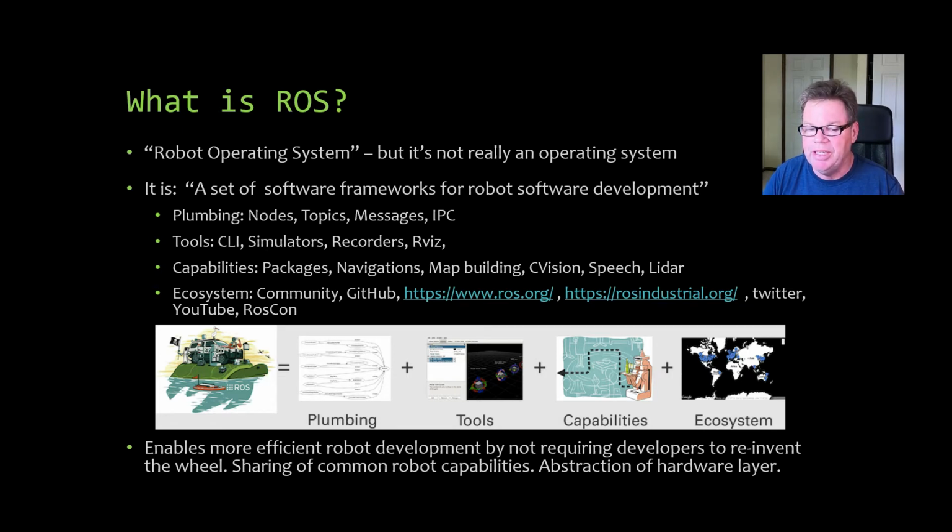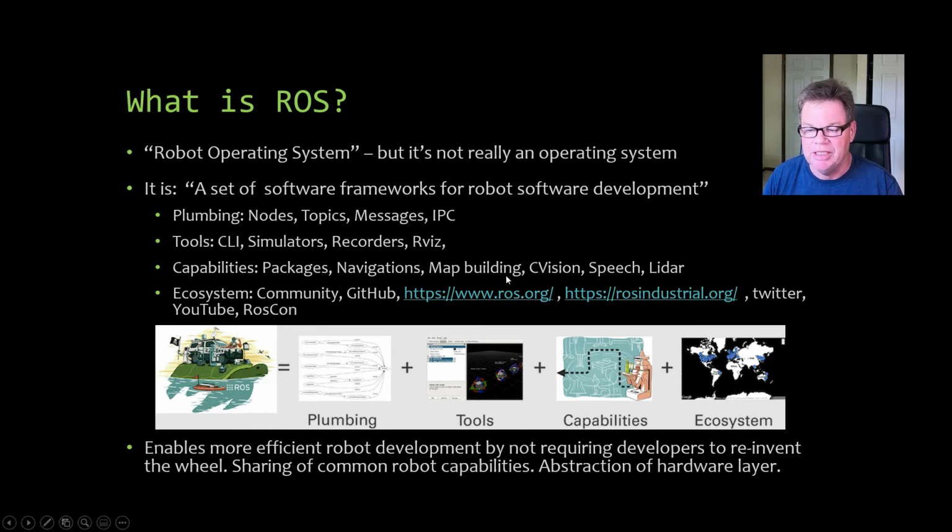There are map building packages. A lot of times to do navigation, you need to have a map of the environment so the robot can plan where it's going to go and how it's going to get there. Frequently, the map building uses a LiDAR to map out the environment, and there are packages to do that.